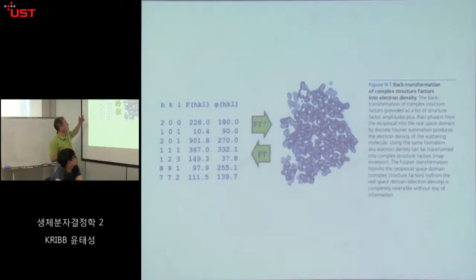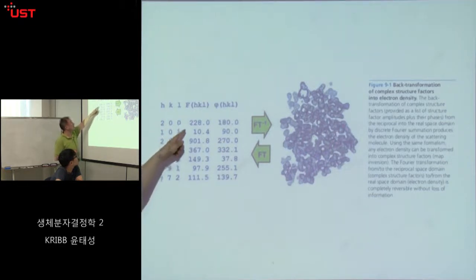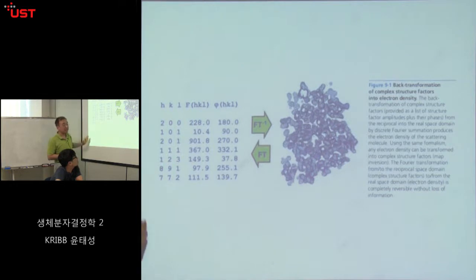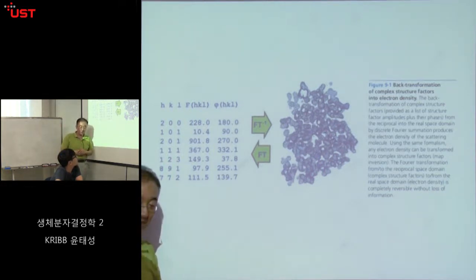Okay? Let's count how many data points are here. 1, 2, 3, 4, 5, 6, 7 points only. At 7 points of HKL coordinates, we have F, magnitude, and phase angle. That's all. Very limited. How many data did you collect out of your synchrotron trip?